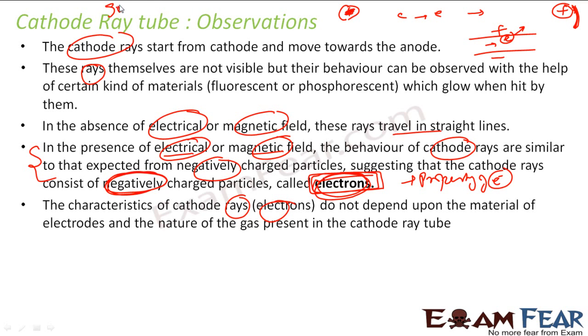If you take gold and take out an electron, or take silver and take out an electron, both electrons will be the same. Or you take hydrogen and take an electron, all the electrons will be the same irrespective of which atom you took them from. That means electrons are electrons.